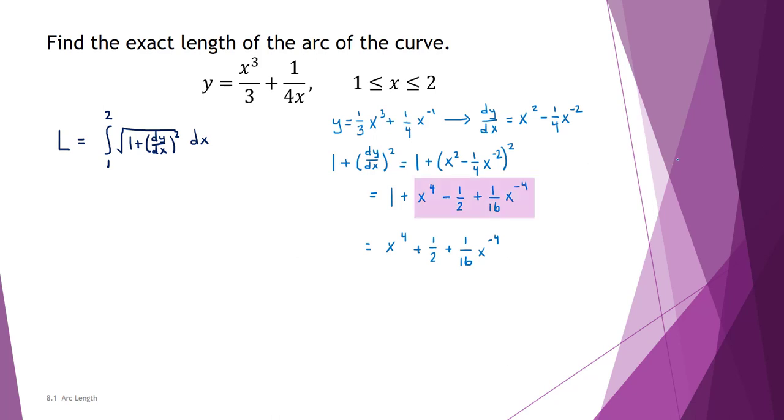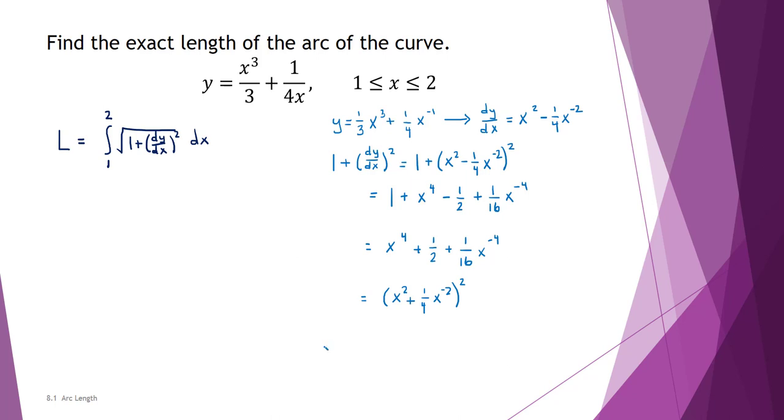Focusing on what we got when we squared the original derivative, we notice that we have nearly the same expression, except that we have a positive 1/2 in the middle term rather than a negative 1/2. That's a pretty good hint that we can factor this expression as (x squared plus 1/4 x to the negative 2) quantity squared.